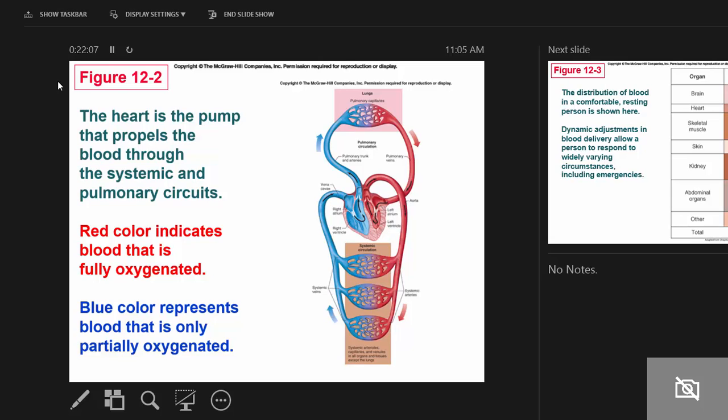There are two ways to divide up the circulatory system: venous versus arterial, systemic versus pulmonary. Systemic meaning the whole body, pulmonary meaning only going through the lungs, arterial meaning stuff that goes away from the heart, venous meaning stuff that goes towards the heart. So those you need to know.